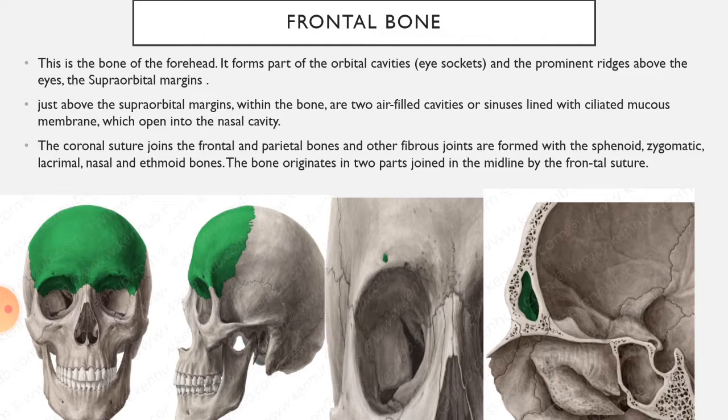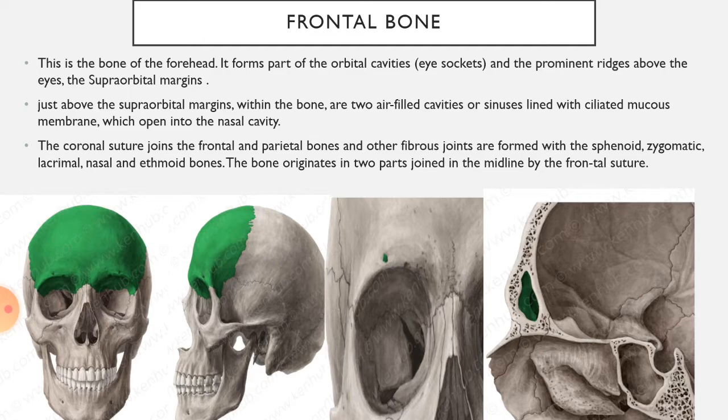When it joins with the lacrimal bone here, we call this suture the fronto-lacrimal suture. When the frontal bone joins with the nasal bone at this point, we call this suture the frontonasal suture. When the frontal bone joins with the ethmoid bone, we call this suture the fronto-ethmoidal suture.